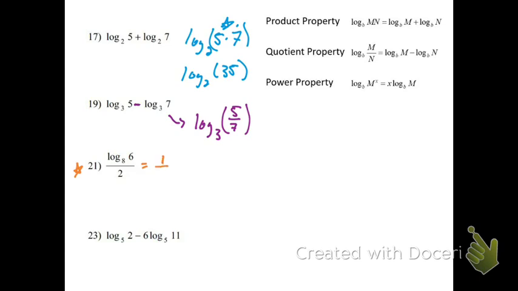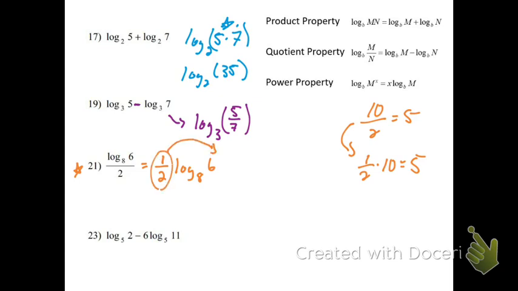You need to rewrite it as 1/2 log base 8 of 6. 10 divided by 2 is 5. Half of 10 is also 5. So I'm just rewriting it like this. Now that I have this coefficient, it needs to become an exponent on the 6.